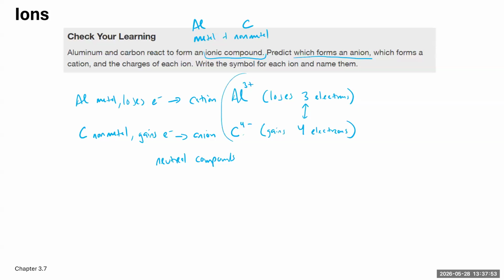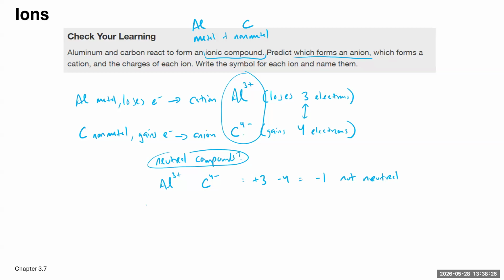So let's say aluminum and carbon got together and they reacted, and aluminum lost a bunch of electrons and carbon gained a bunch. So if we had aluminum 3 plus and carbon 4 minus, does that equal a neutral compound? A plus 3 and a minus 4, that equals -1. That's not neutral.